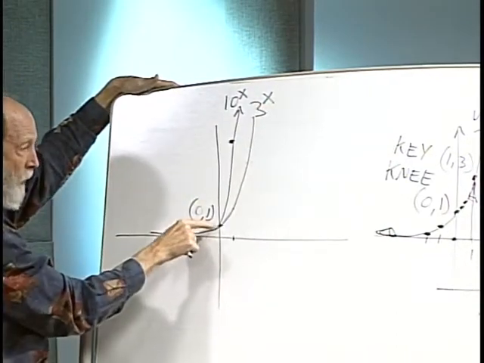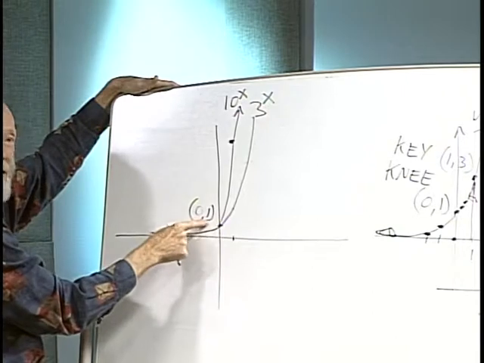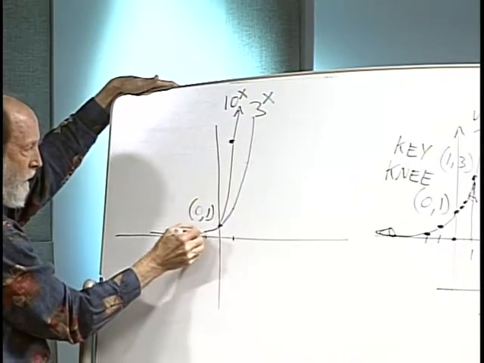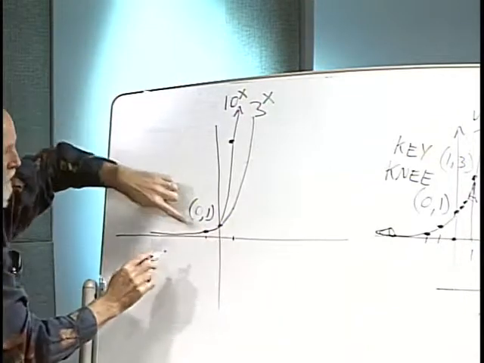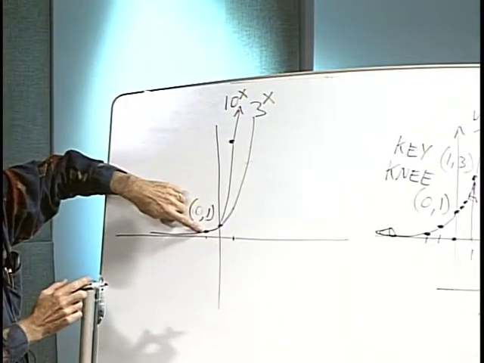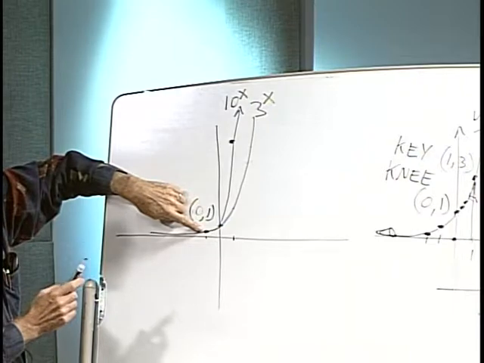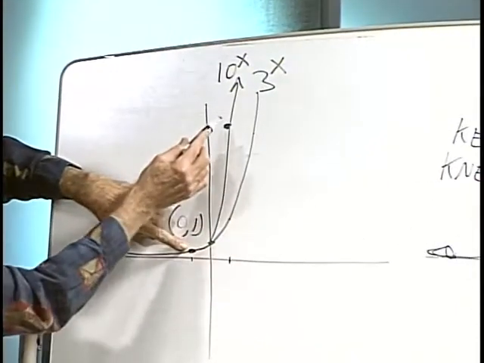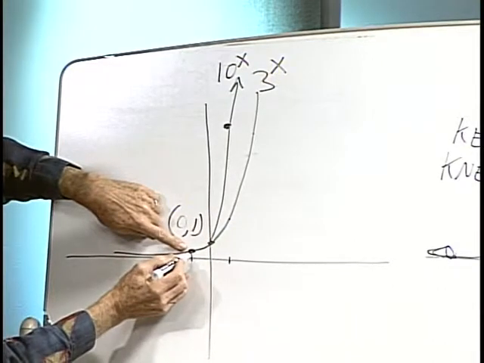Now, how about when you pass the knee and come to the left? When you're at -1 on the 3 to the x graph, that's at 1/3. Maybe you could zoom in a little more, would be nice. 1/3 there. And then on the other graph, on the 10 to the x graph, it's going to be at 1/10. Wow.